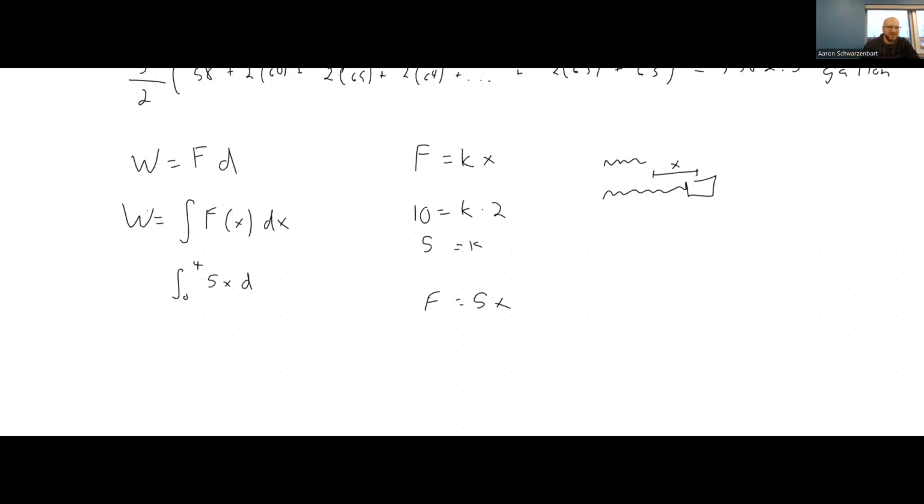This one I don't feel like getting out my calculator. I'm squaring the 4, plugging in 0. 80 over 2 is 40 joules of work.